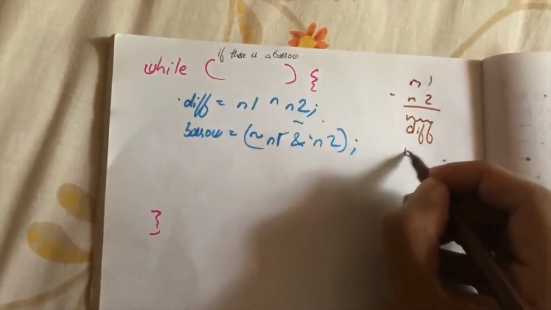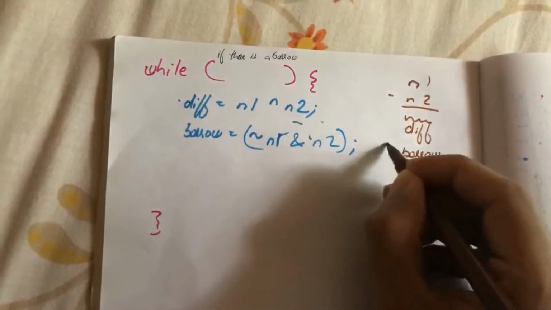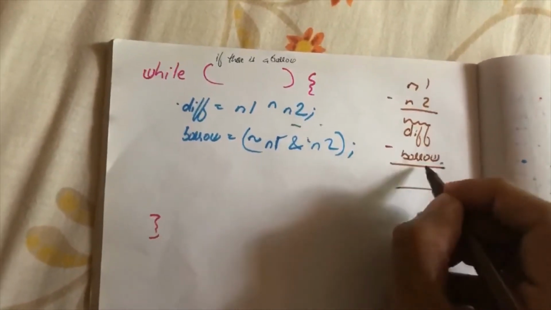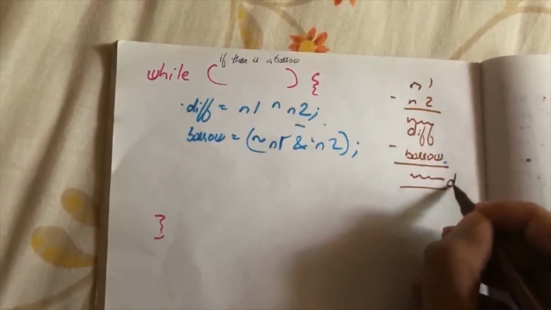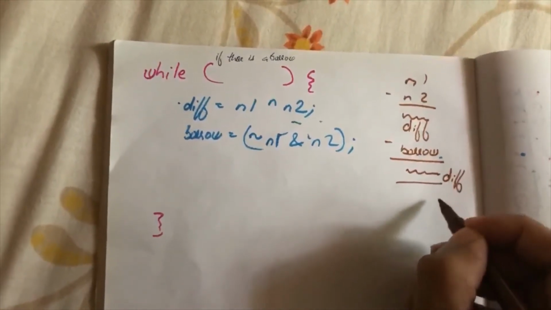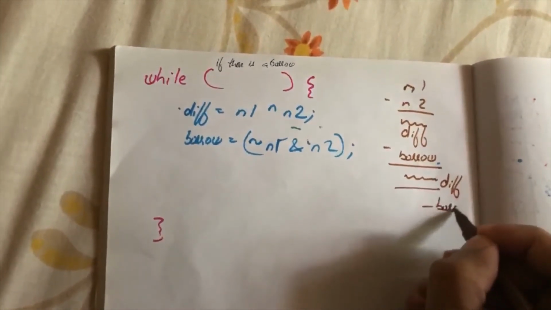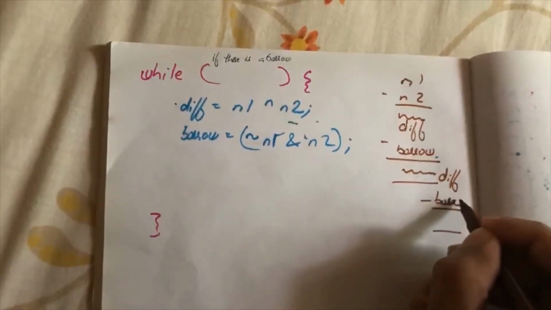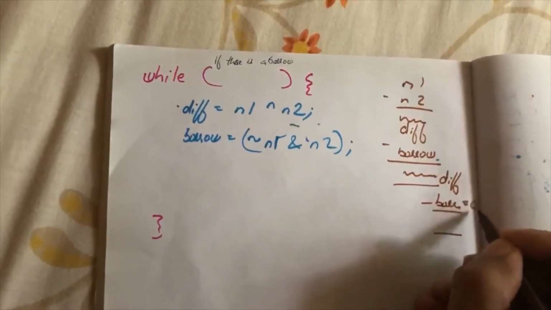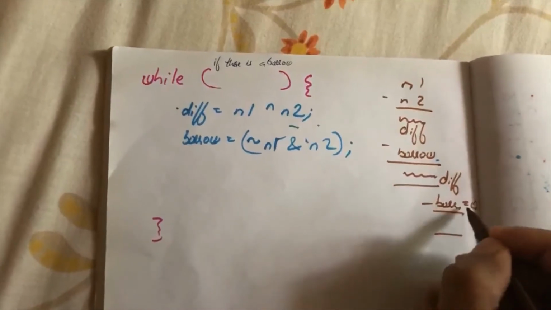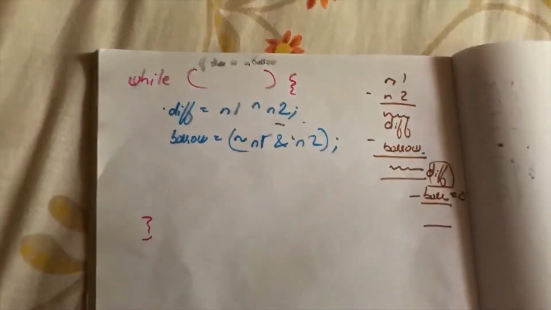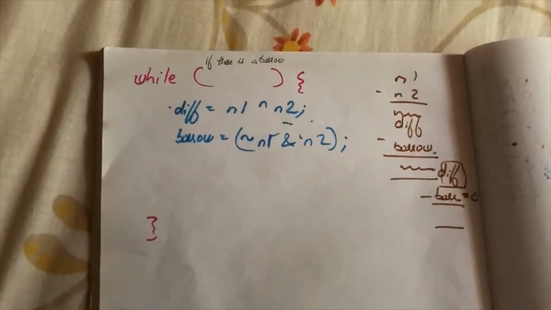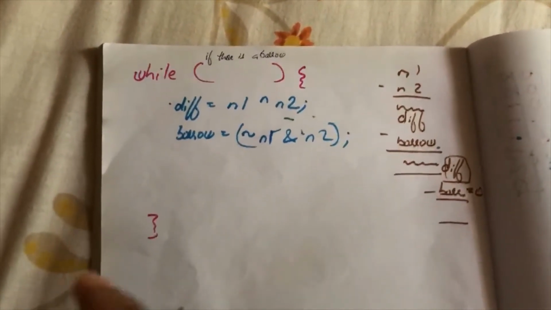And you see that there is a borrow, so you need to subtract the borrow again, so you get some other answer, and you can store it as your diff. And if you have a borrow again, then you have to subtract that borrow again until your borrow becomes 0. When your borrow becomes 0, then diff becomes the answer. Then just the difference is enough. But till the borrow becomes 0, you need to keep on doing it.